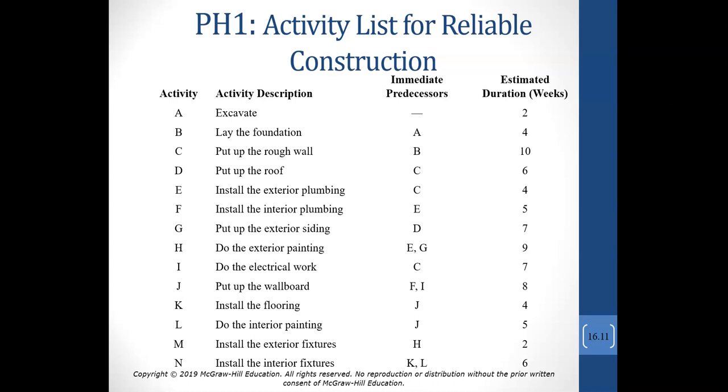They have identified the immediate predecessors, meaning what has to happen before I can do an activity. So excavate is the start of our project, so there's no predecessor, and it's estimated that excavation will take us 2 weeks. After excavation is done, they can move on to activity B, which is lay the foundation.